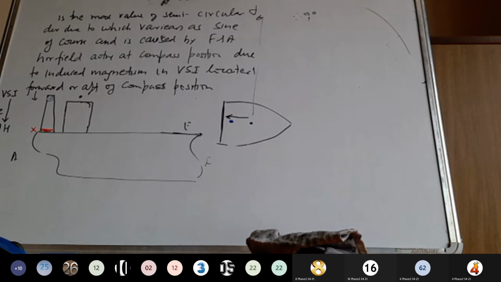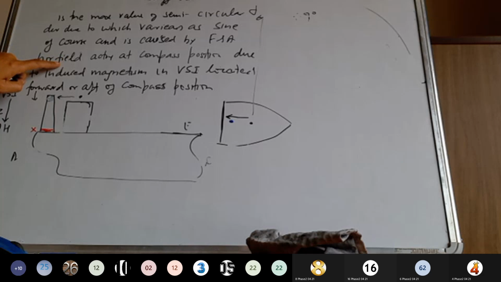You can see this force here, you can show it like this. It is acting in the horizontal direction, in the horizontal plane. That is why it is a fore and aft horizontal field. In this case it is aft. In some other case, if I take the vertical soft iron forward, then the force will act in the forward direction.